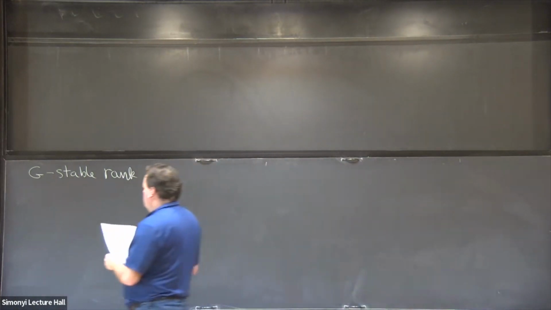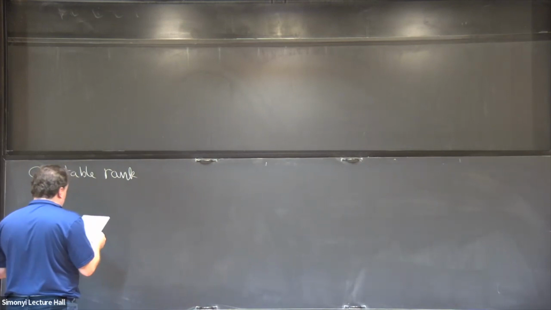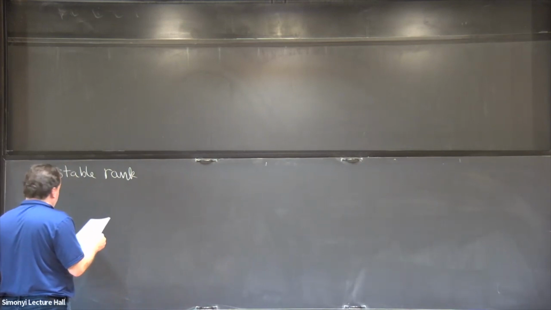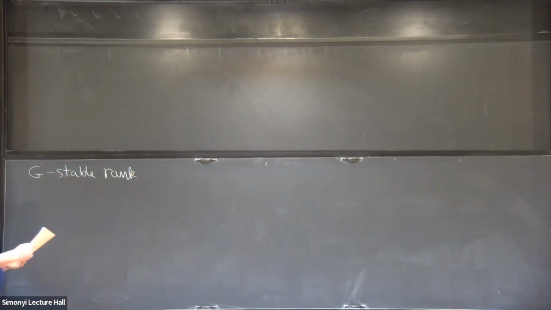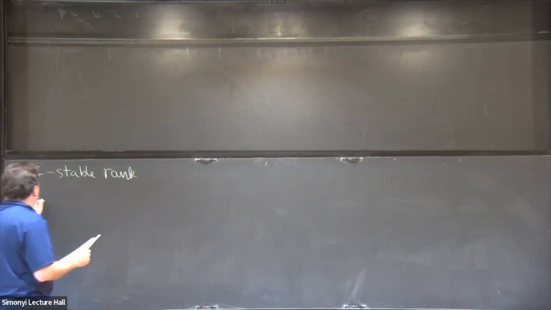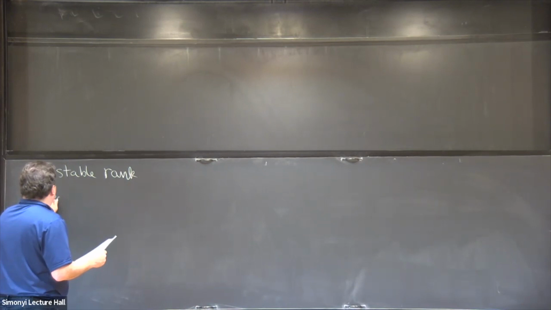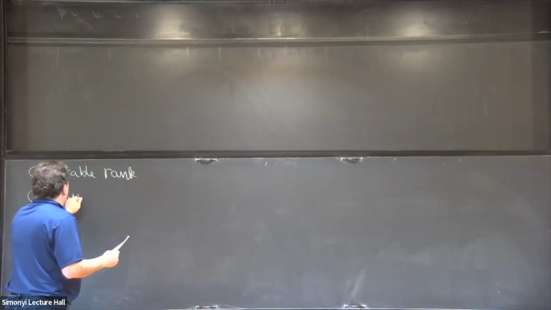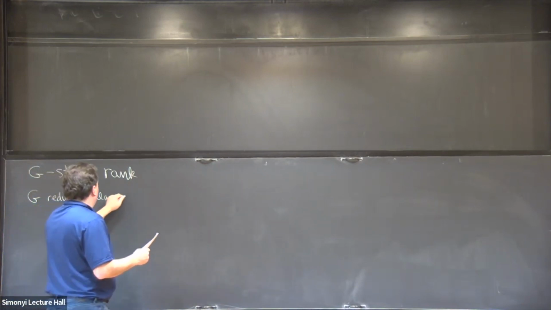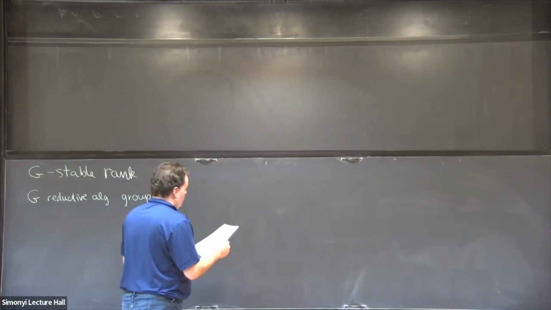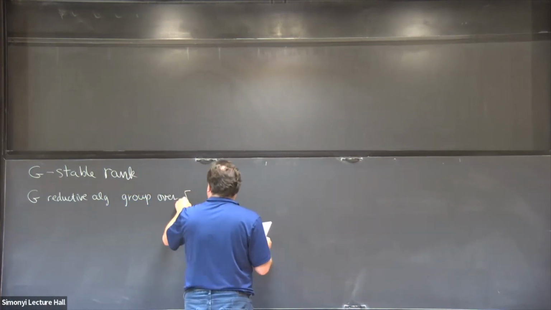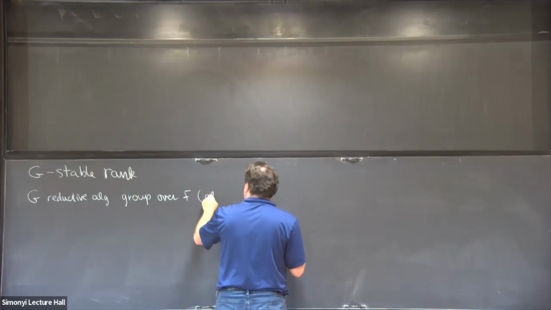So G stands for a group, but let me just say some more generalities about reductive groups. Let's say G is a reductive algebraic group over F, and let's say F is algebraically closed.